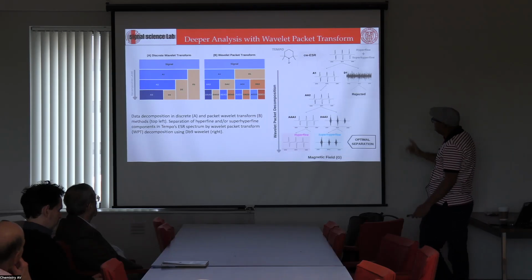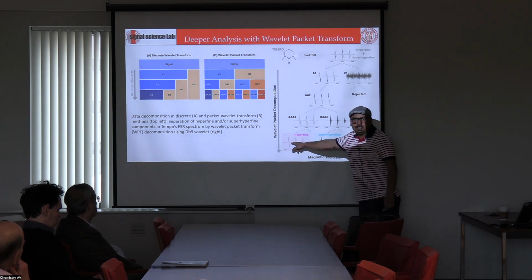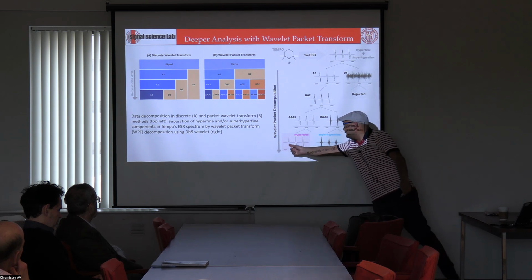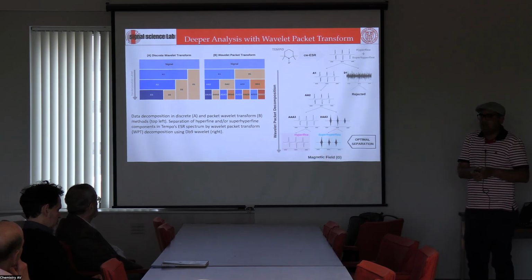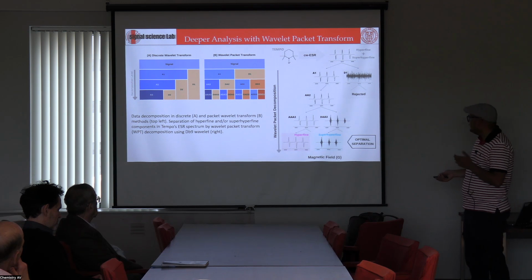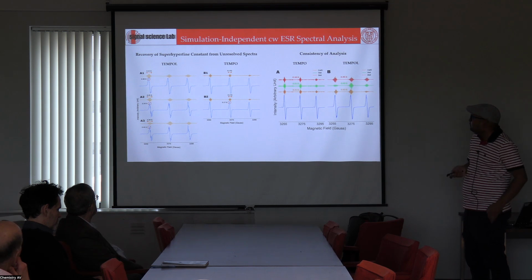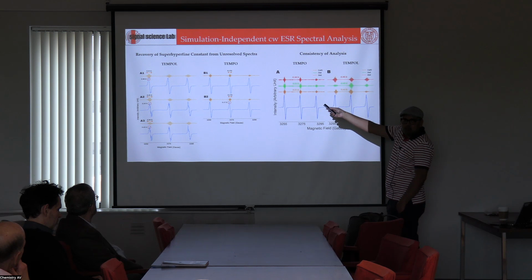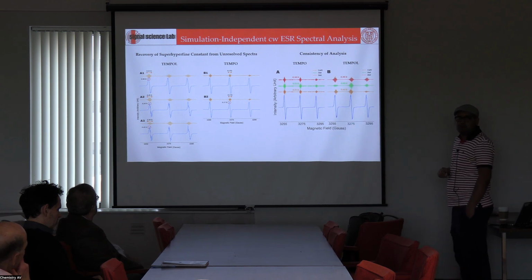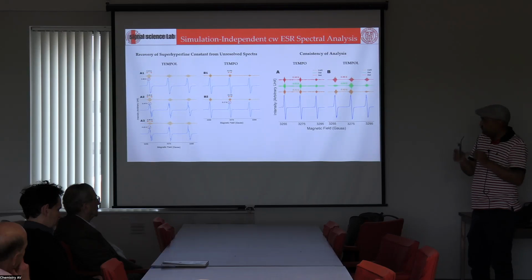I think I know what you're talking about. There is also carbon 13 present in here. This is a small shape of carbon 13, if I know right. So this is TEMPOL and TEMPO. That is one thing I'm not showing here.